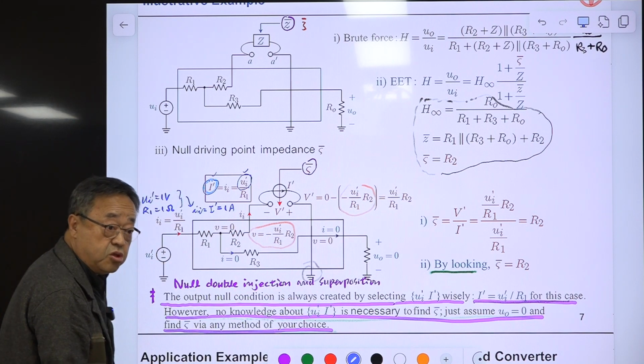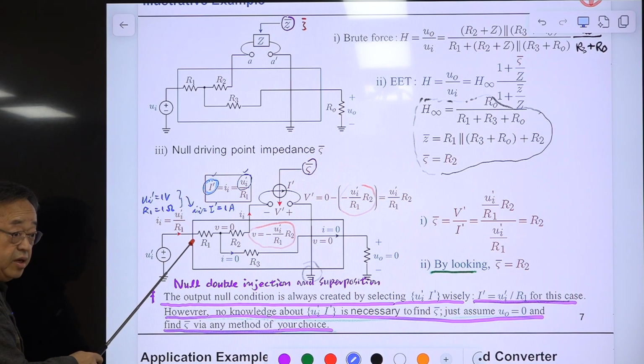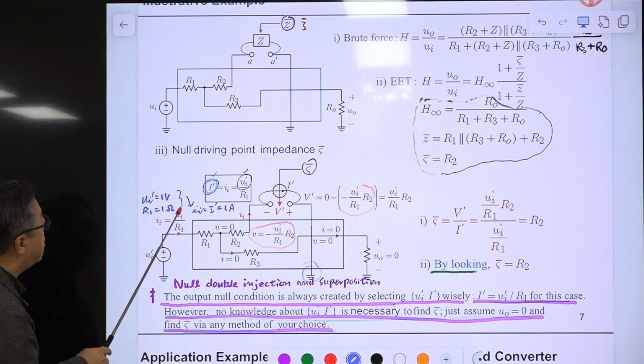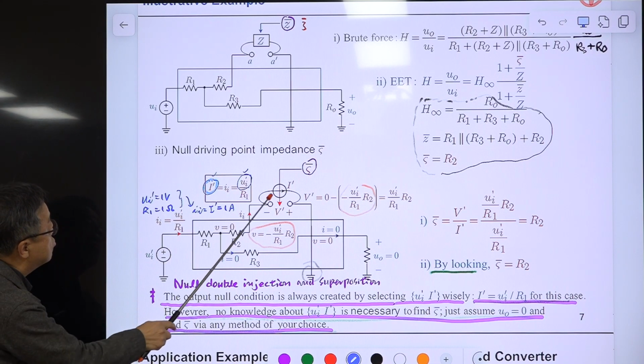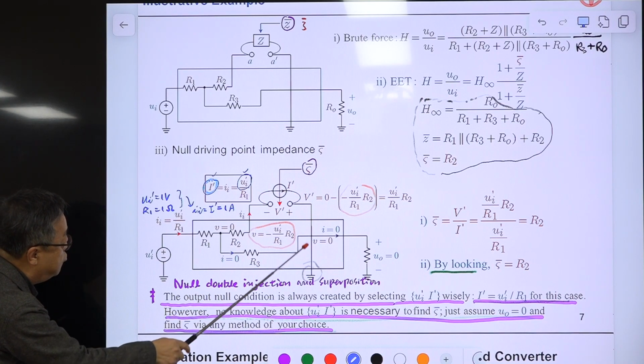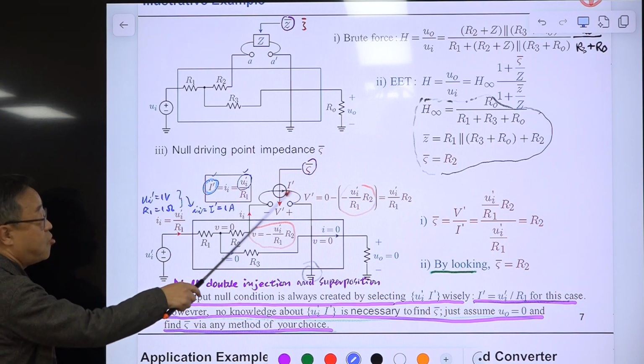Suppose this UI is 1 volt and R1 is 1 ohm and this current is 1 amp. So you are applying 1 amp here because we know this condition. Then 1 amp is going this way and coming back, and this is 1 amp, then it circulates.